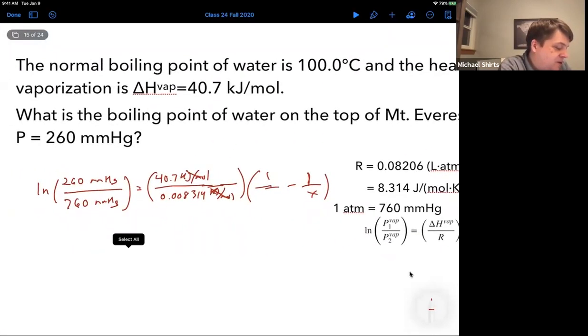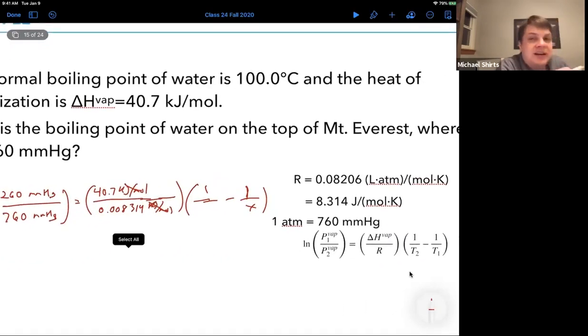Since P2 is 760 millimeters of mercury, T2 is the boiling point of water at that pressure, so that's where I'm going to put the 100°C. But an important thing to remember, as in most physical equations, is that nature doesn't care where water boils. Nature uses temperature referenced to absolute zero. So we actually have to convert this to Kelvin, because the formula only works for Kelvin. So we get 373.15 Kelvin, and that's what we plug in.